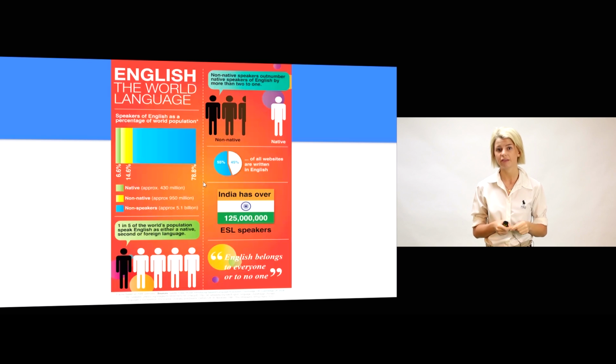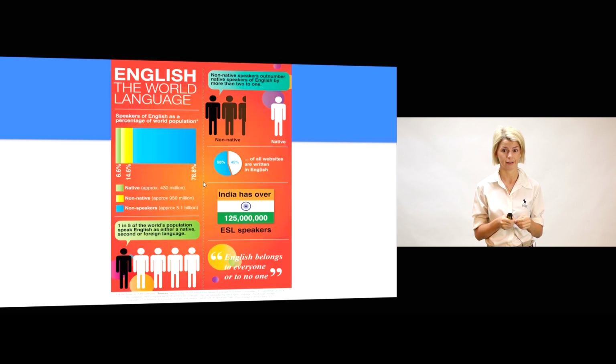White is the non-English information. As you can see, the blue part is much bigger. It's more than half. So it's so important to know English, to use the internet to its fullest.